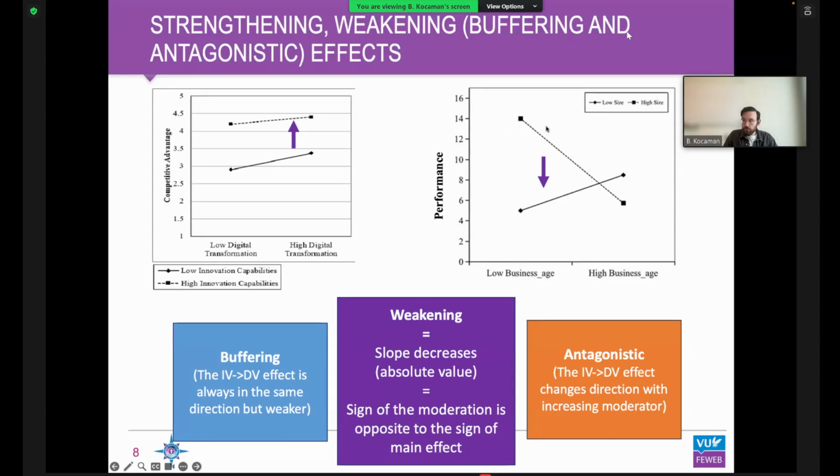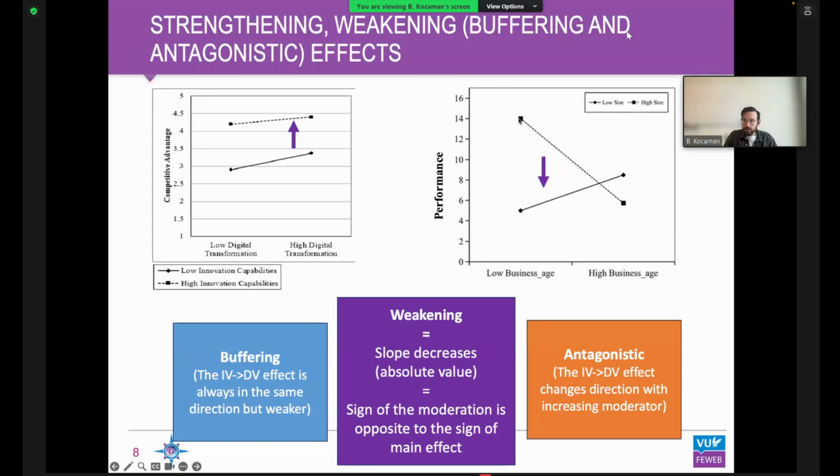So when you go from the lower level of the moderator to the higher level, the relationship's direction flips. This we call an antagonistic effect.